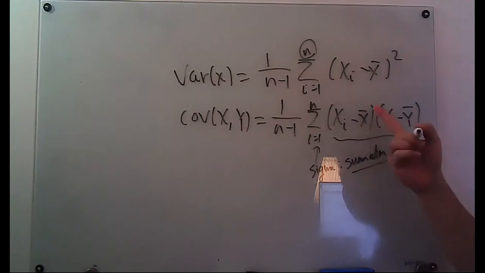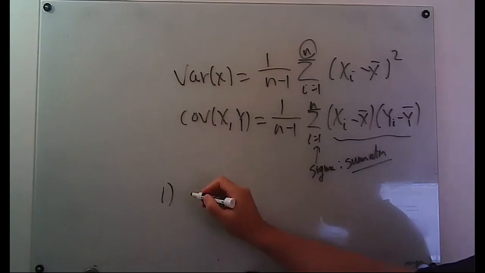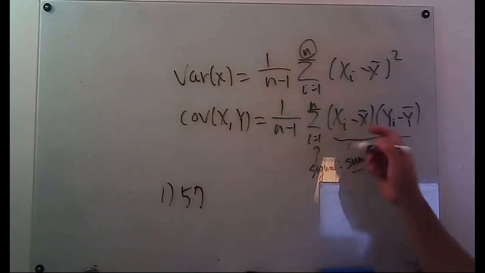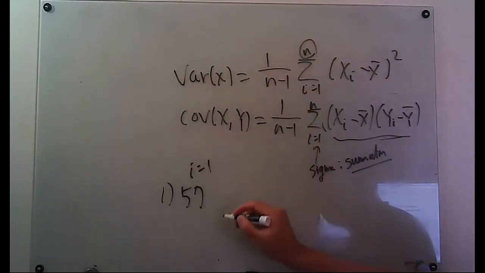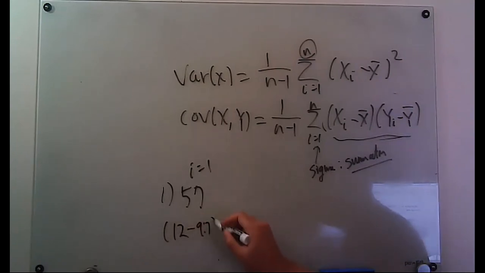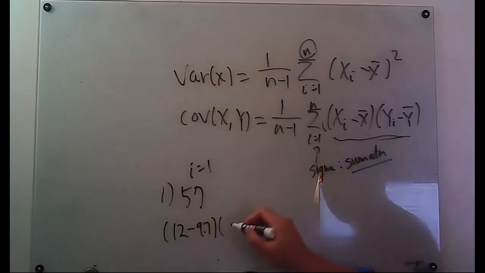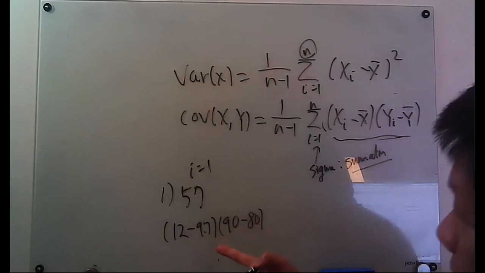So you're summing everything. Let's say previously the first observation got, I forget the number, like 57. I'm just making up a number. Say 57 was the number from this part, for i equals 1. And for the second part, I'm making up numbers again: xi was, let's say, 15.4 hours of study, and then 90 minus 80, something like that.